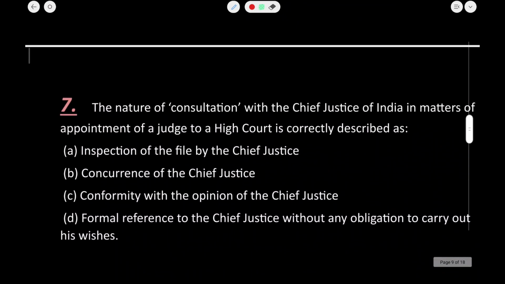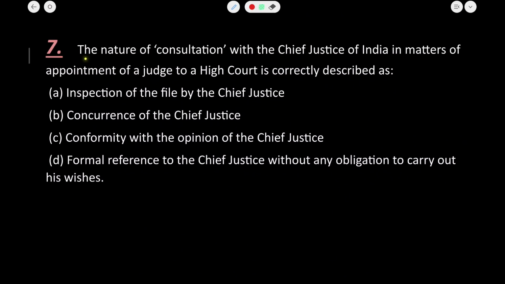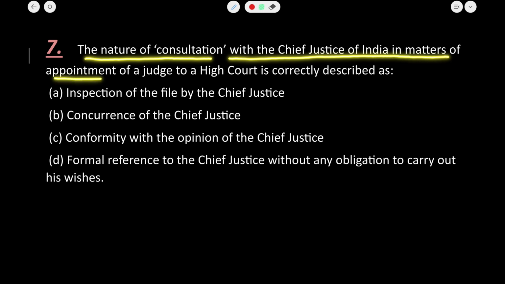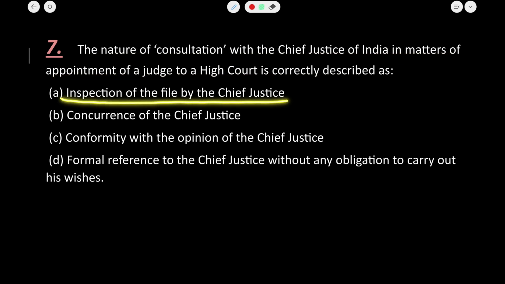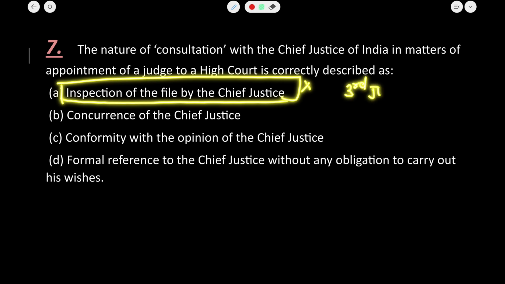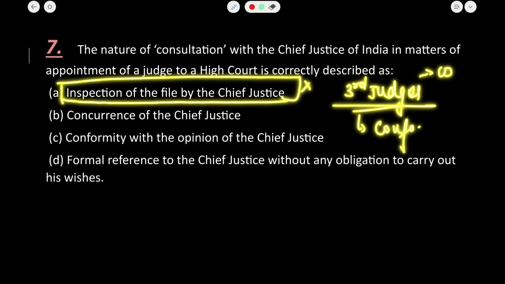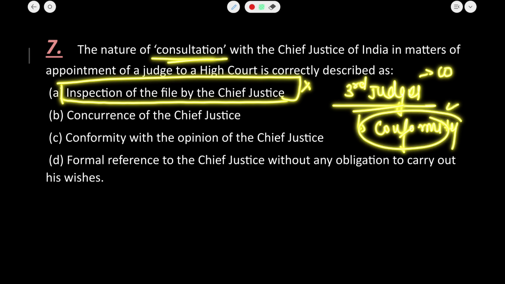Let's move to the next question. Now, the nature of consultation with the Chief Justice of India in the matters of appointment of a judge of High Court is correctly described as inspection of the file. It is not inspection, but when the third judge's case pronounced the system of collegium, then this consultation was termed as conformity.